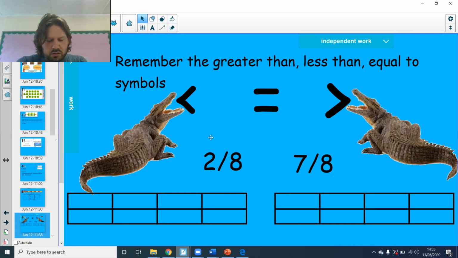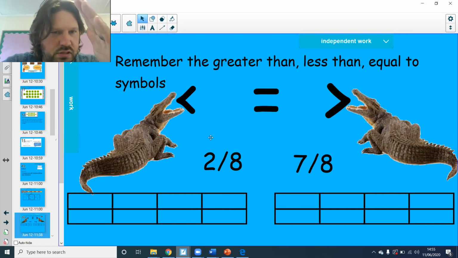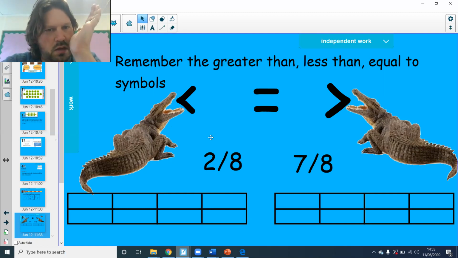Now remember, computers can't show fractions, so I've had to use the dash symbol to separate them. The 2 should be above the 8. So 2/8, and I've got to use one of those symbols, greater than, equal to, or less than symbol, 7/8.